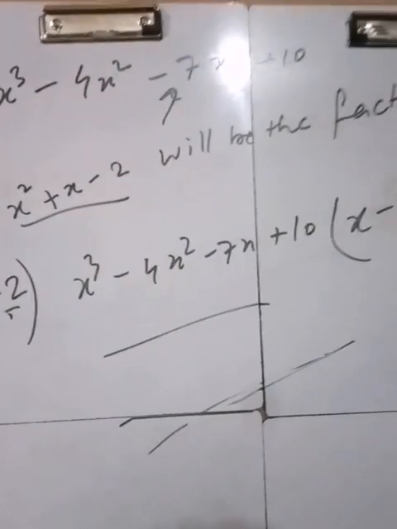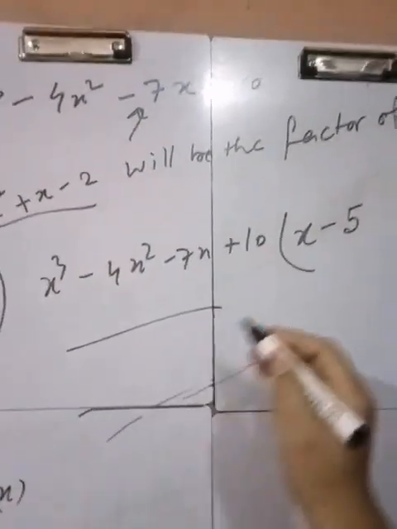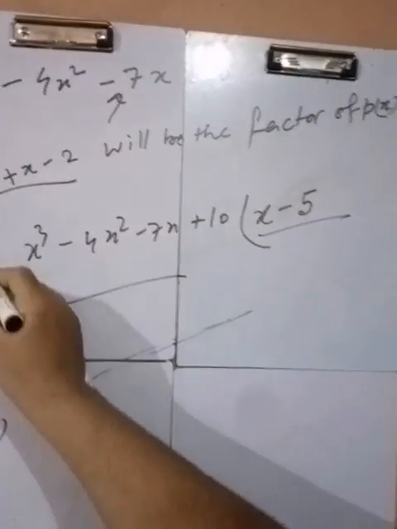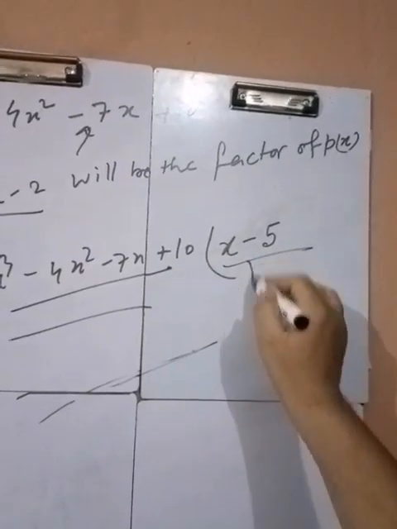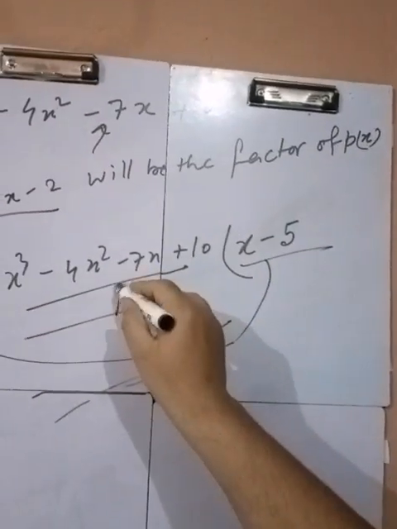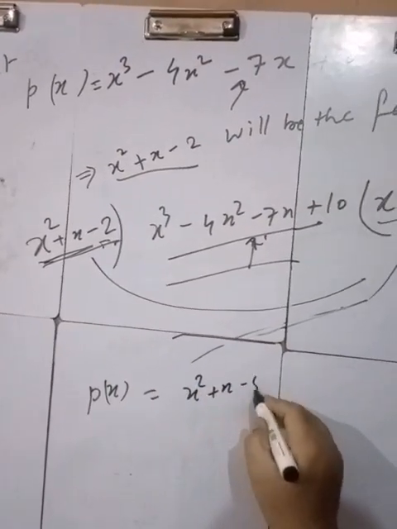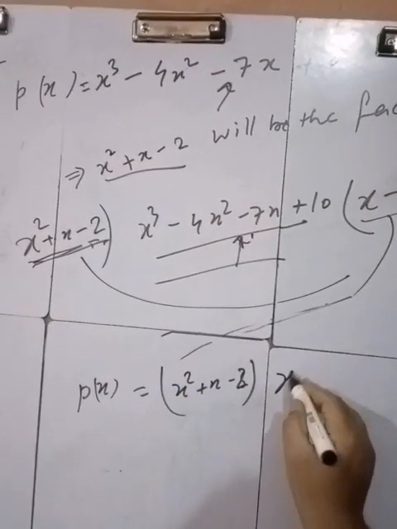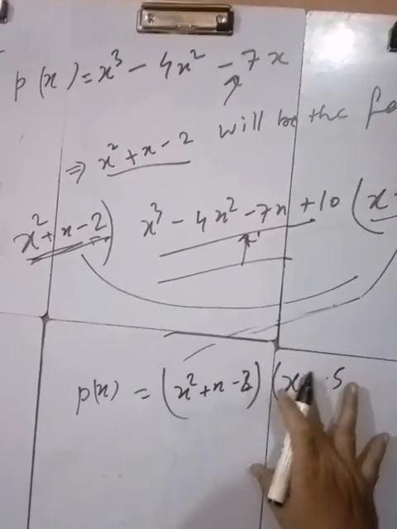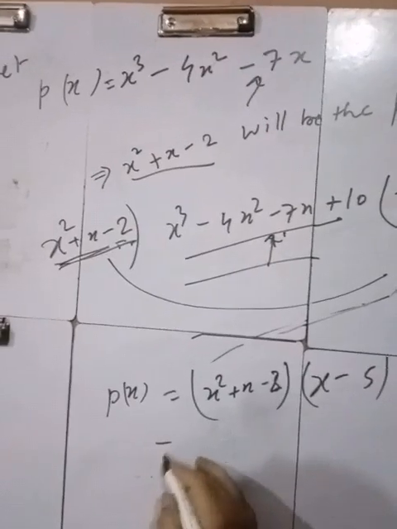Now we can write: quotient into divisor is the dividend, according to the division algorithm. So Px is equal to x square plus x minus 2 into x minus 5. Now I factorize it.